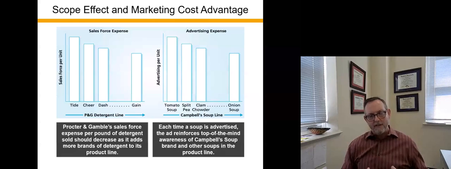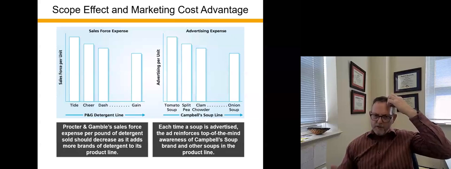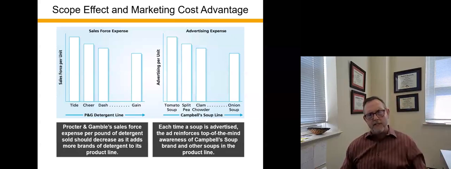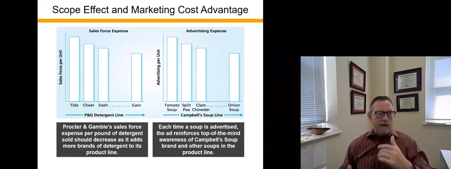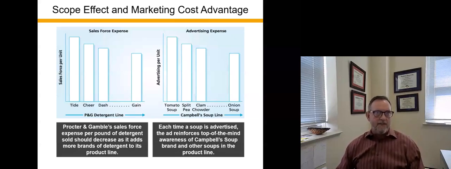The benefit is you get an incredible discount if you buy a large volume of ad time at once. If you were going to buy individual ads one at a time, it'd be very expensive, but media companies want to sell their inventory to you in big chunks of time. So by bulking the buy of media time, the company can dramatically lower their marketing costs and gain that type of advantage.